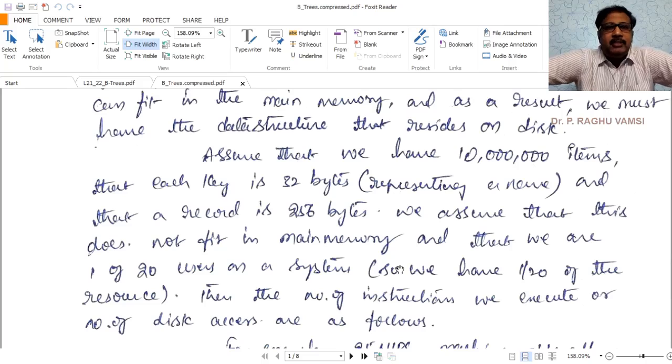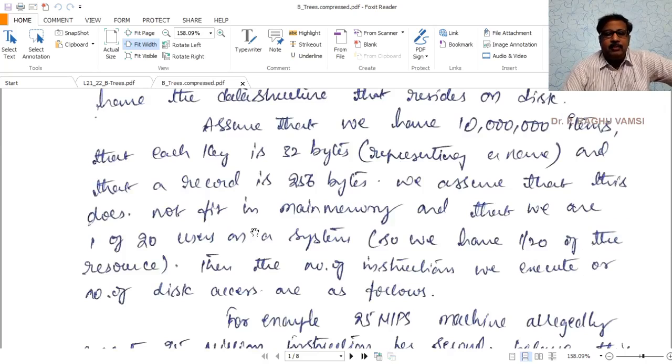But many operating systems are multi-user; you can create multiple users in that operating system. So whenever you create multiple users, assume that if there exists some X GB of memory, the system supports around 20 users, and you are one of the 20 users on the system. So we have 1 by 20 of the resource to be shared in the computer.